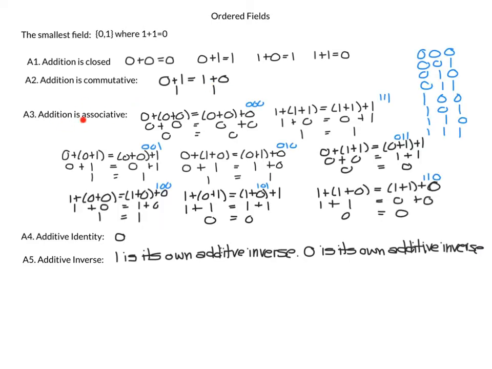To do associativity, I needed 3 elements, so I needed all possible combinations of 3 zeros and 1s. What I did is I counted them off in binary, with only 3 bits. So I have 0, 1, 2, 3, 4, 5, 6, and 7.